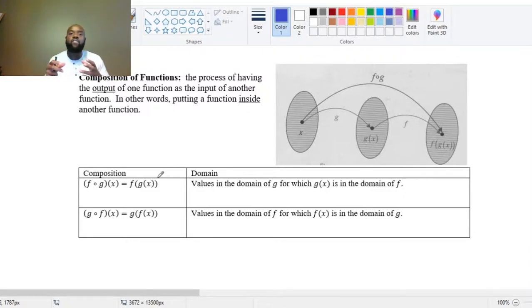All right, the inside function is applied first to your input values, and then those output values of the inside function get applied as the input values of your outside function.